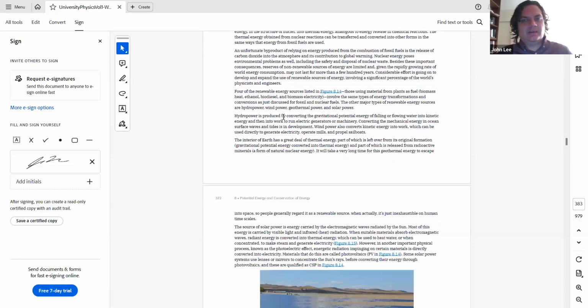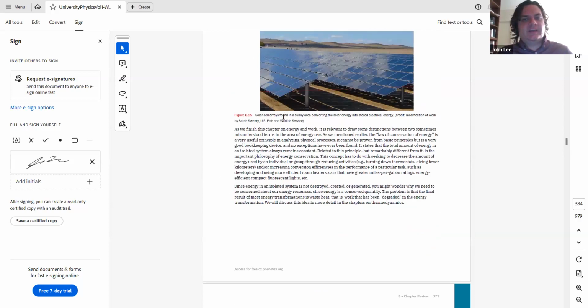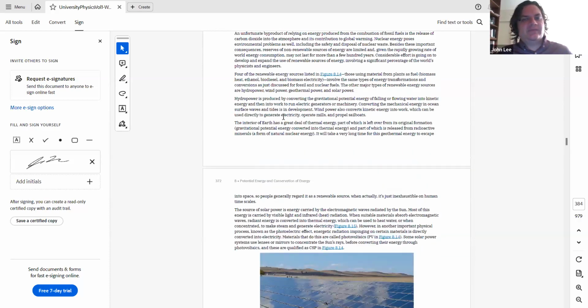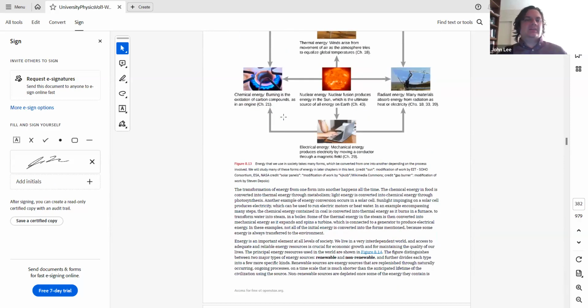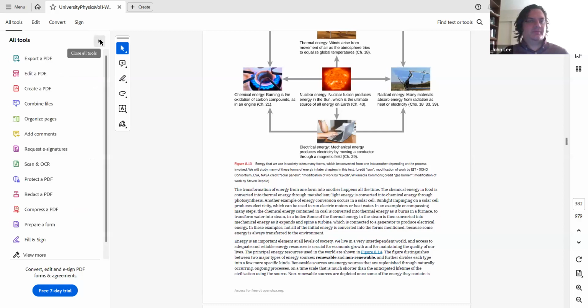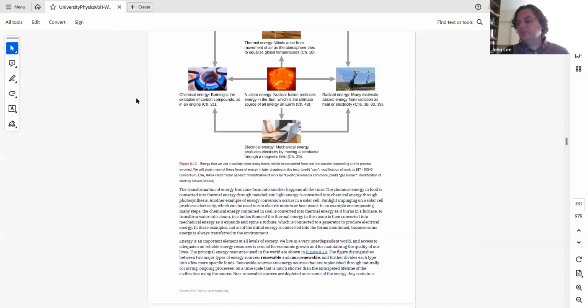And then there's some stuff that I recommend looking at if you're interested in what energy means in a non-physics class, like the different ways to conserve energy in a non-physics definition of conservation.